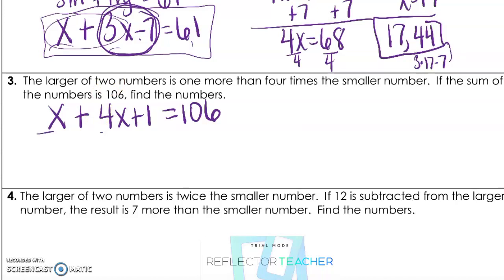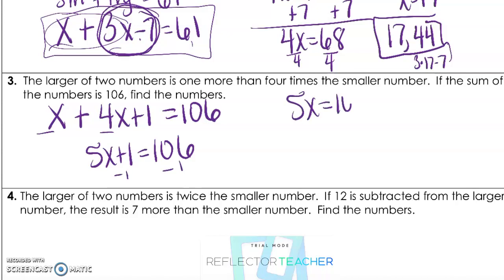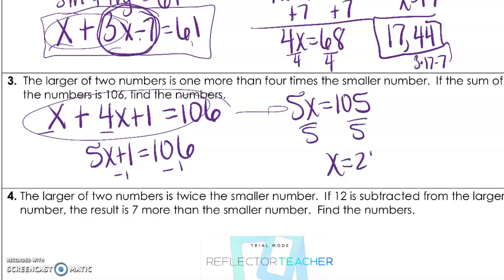Then you combine your like terms. 5x plus 1 is equal to 106. Subtract 1, 5x equals 105. Some of you can go right from this to this, which is great. Divide by 5, x equals 21.